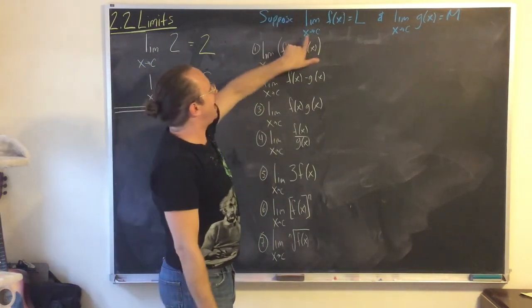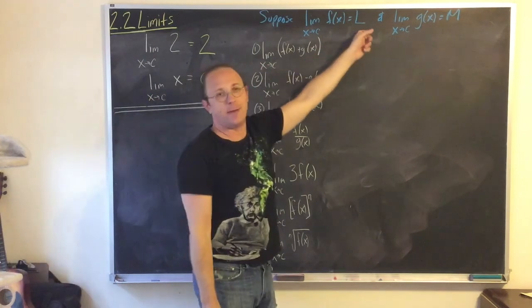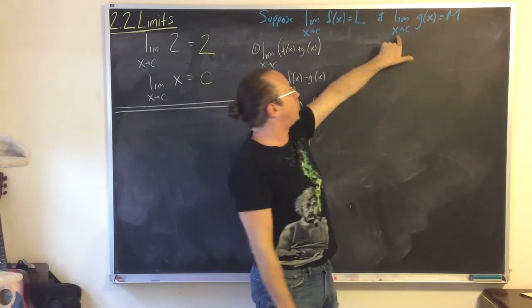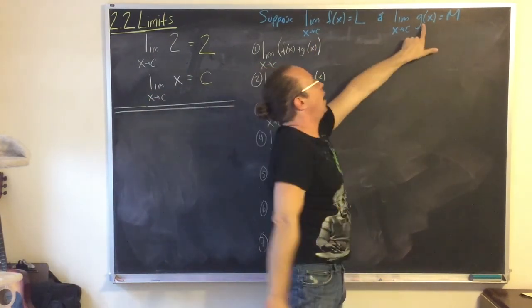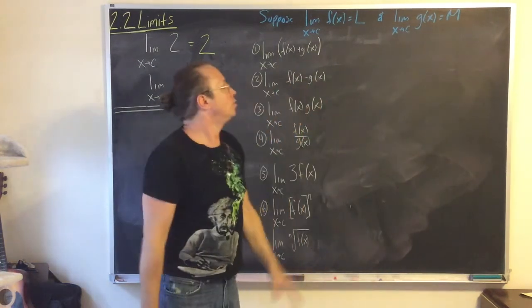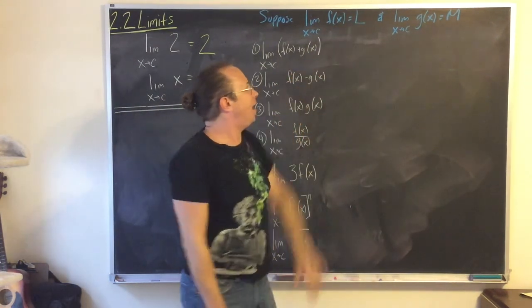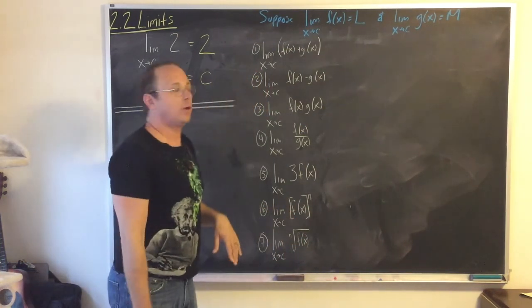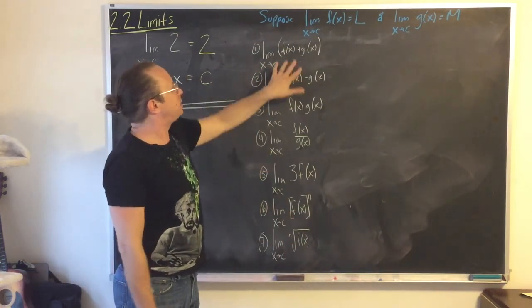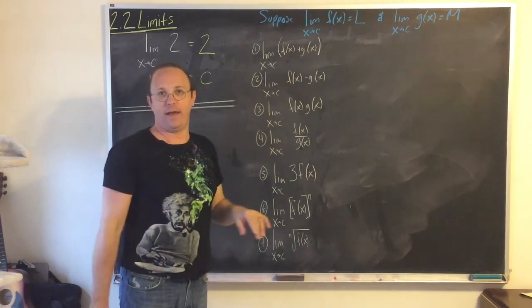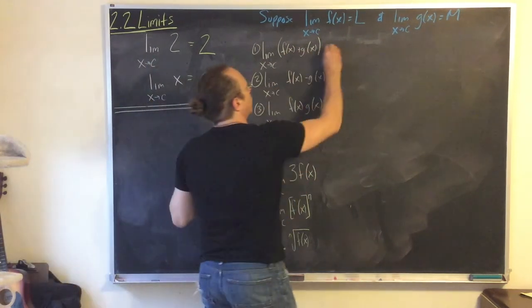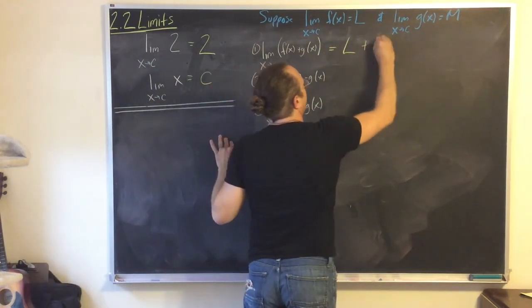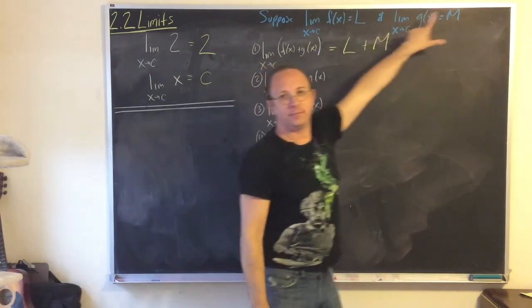Suppose that the limit as x approaches c of f of x is some number L, and the limit as x approaches that same number c of g of x is m. So f of x is getting close to L, g of x is getting close to m, as x gets close to c. Well, what do you think happens to f of x plus g of x? You just add this limit to that limit.